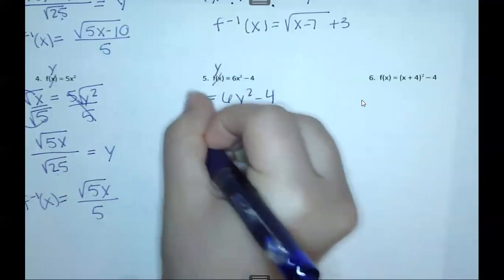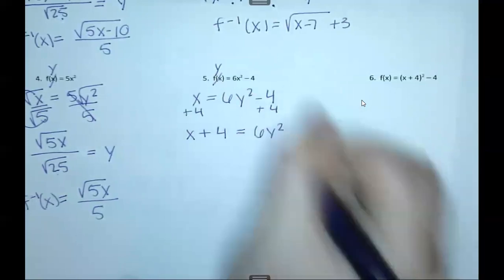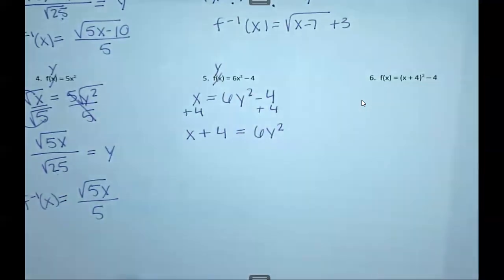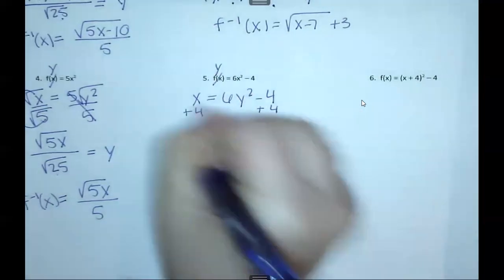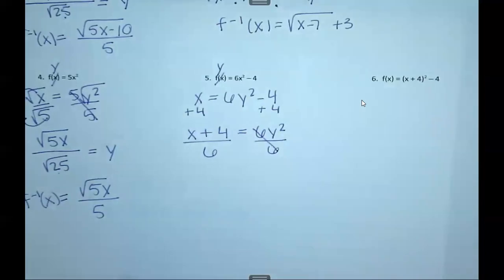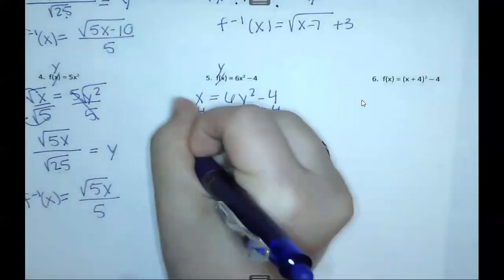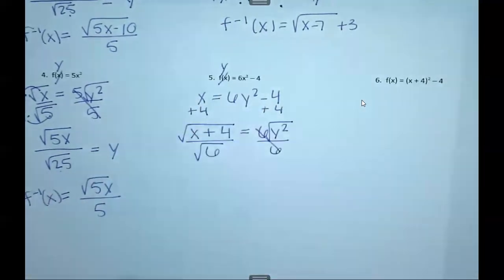So I have x plus 4 equals 6y squared. Now I need to get rid of the 6, so I divide both sides by 6, so that goes away. And now I just need to get rid of the square, so I'm going to square root. Again, you have to square root both the top and the bottom.